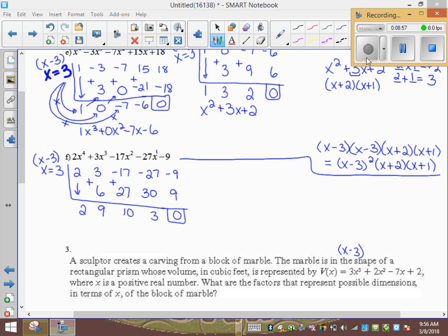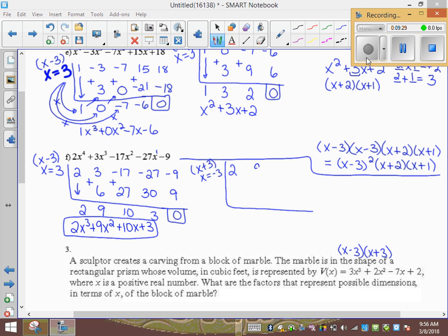Now it's 1 less. So this x to the 4 is going to be x cubed. So I have 2x cubed plus 9x squared plus 10x plus 3. Now I have to put that into my y equals negative 3. So I have x plus 3. And now I have 2, 9, 10, 3.